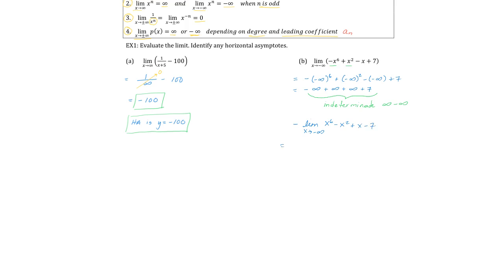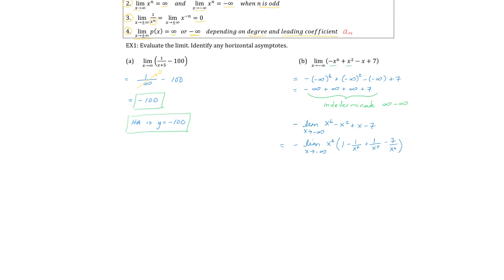So that's going to be equal to negative, and here I'm going to create my fraction by factoring out x to the 6. So that's going to leave 1 minus 1 over x to the 4th plus 1 over x to the 5th minus 7 over x to the 6th.